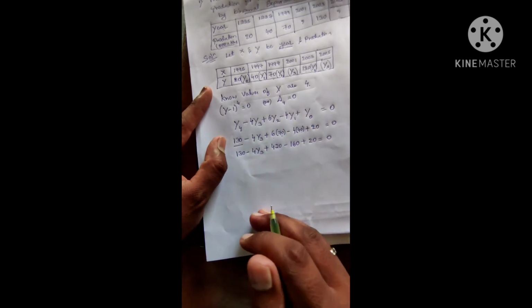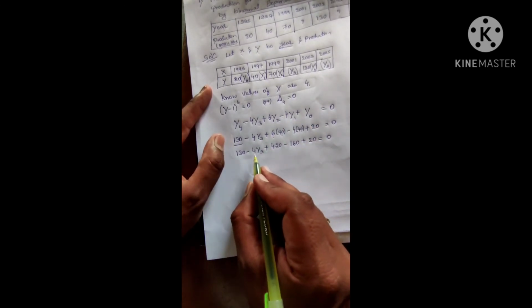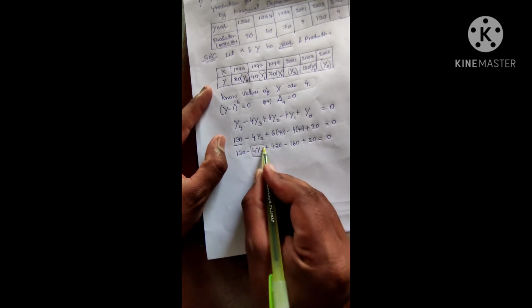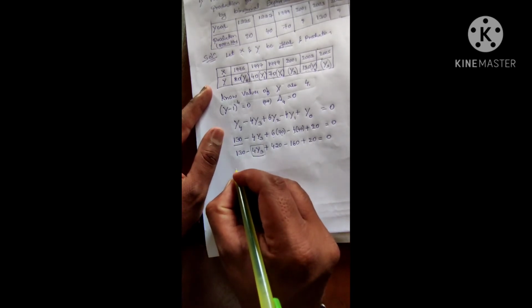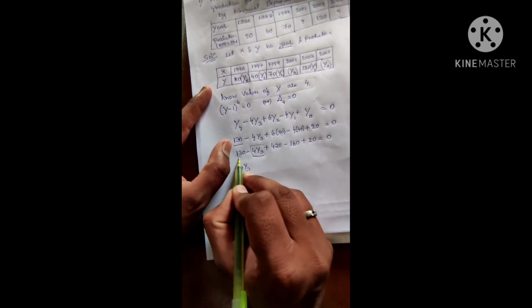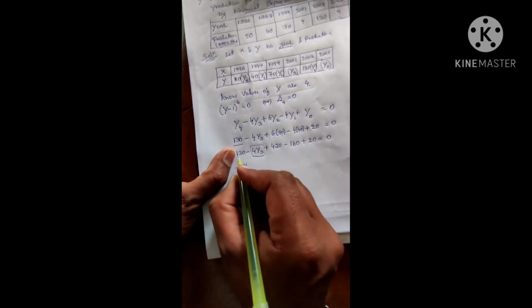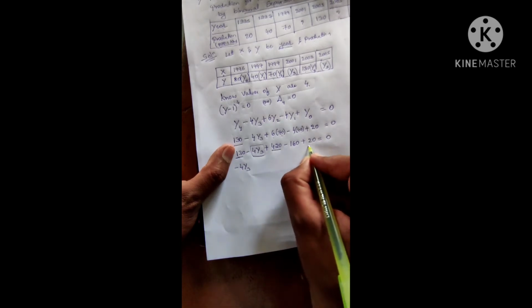Next we have to simplification of that. First, this value we don't know, 4y3, so we have to take this one first, minus 4y3. First plus values we have to add. What are the plus values? 130 and 420 and 20.